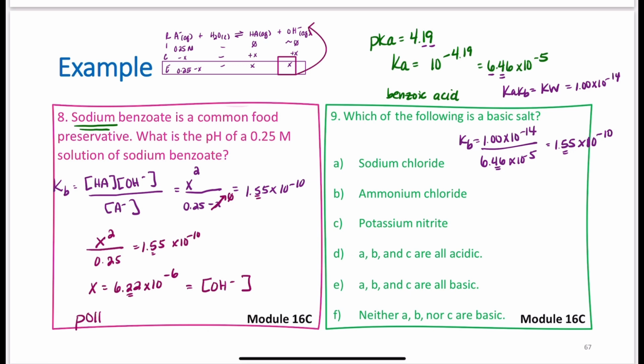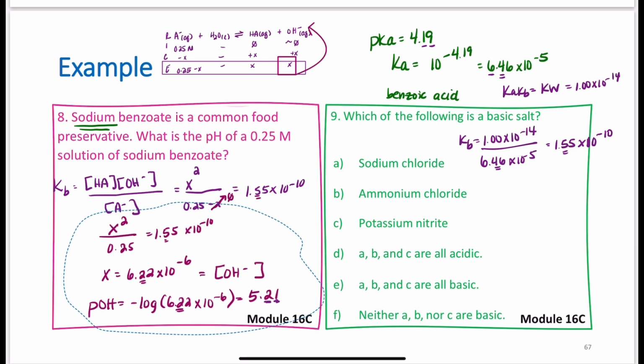So for ease, I'm going to find the pOH first, and then I'll find pH. Negative log 6.22, underline my sig figs, times 10 to the minus 6 gives me 5.21. Remember, when you go into the log form, it's the numbers after the decimal place here that are your sig figs. So 5.21 has 2 sig figs to it.